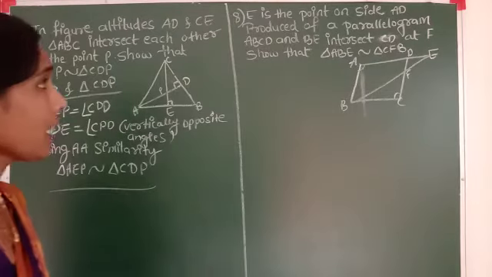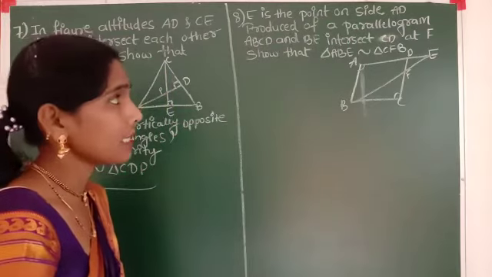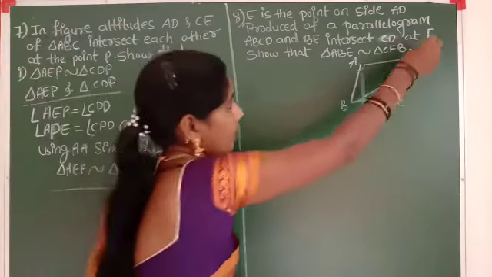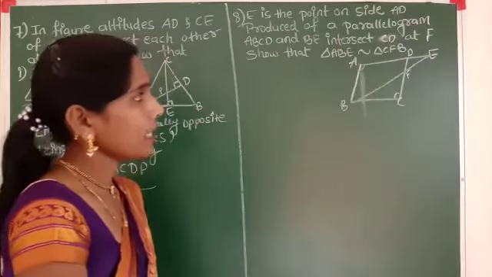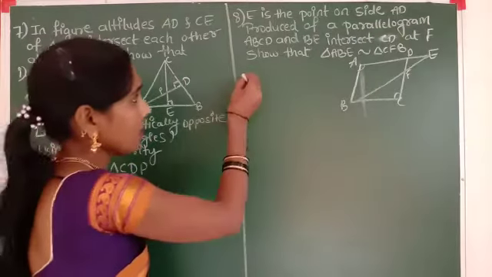Next, eighth one. E is a point on side AD produced of a parallelogram ABCD, and BE intersects CD at F. Show that triangle ABE is similar to triangle CFB. Here, solution.